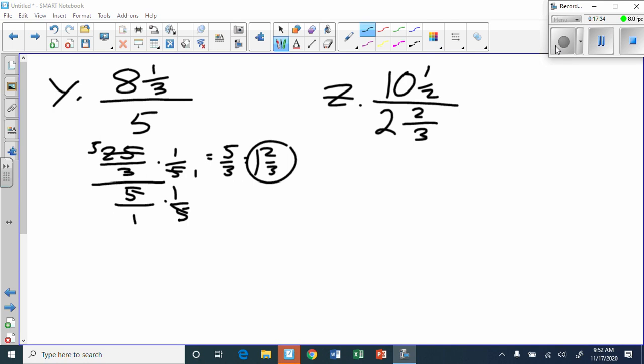Last one here. 10 times 2 is 20 plus 1. 21 over 2 over 2 times 3 is 6 plus 2 is 8 over 3. What am I going to multiply by? 3 over 8 times 3 over 8.